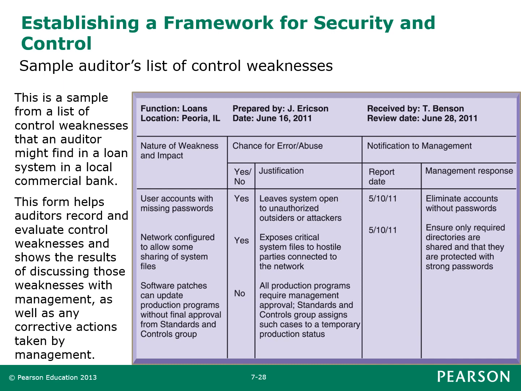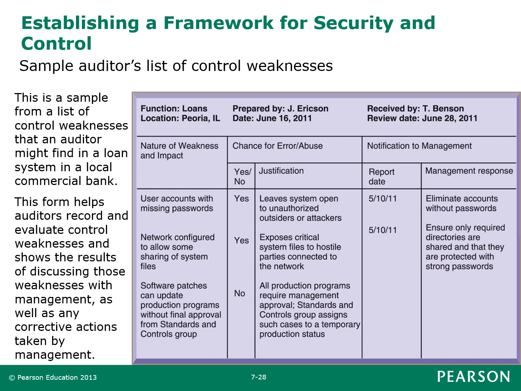For example, to justify and describe this risk and the consequences of it, for the first risk, the result is that it leaves the system open to unauthorized outsiders or attackers. And the last column describes measures and responses to this risk or weakness.